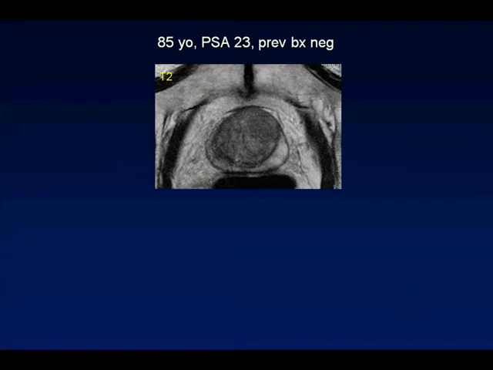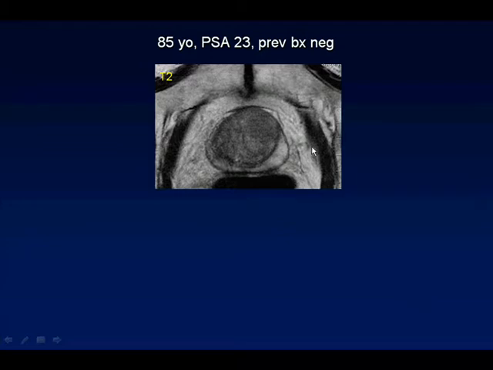So what about the transition zone? I told you transition zone is a bit tricky on T2 weighted images alone because it's darker than the peripheral zone. It's going to be similar signal intensity as cancer. If you look at this patient with a high PSA and negative biopsy, you don't see an obvious tumor in the peripheral zone. Mind you, it's not very bright, but you just don't see a focal lesion in there.